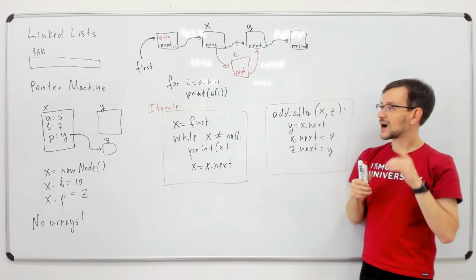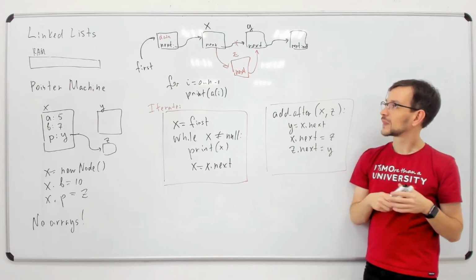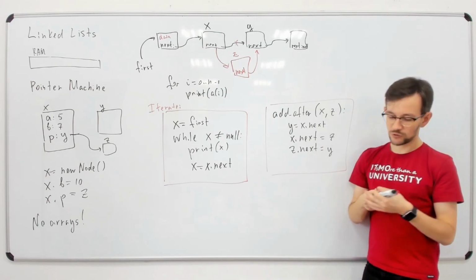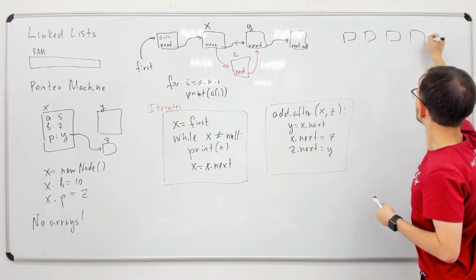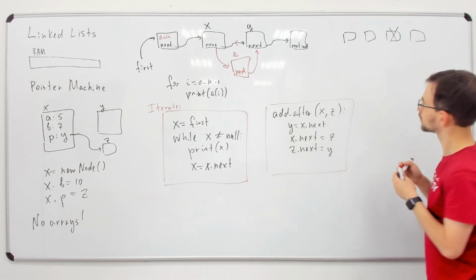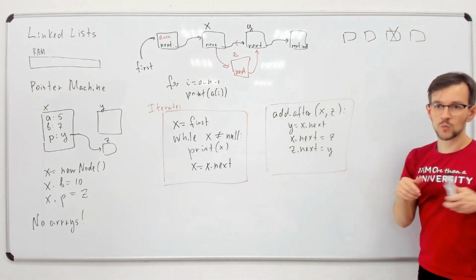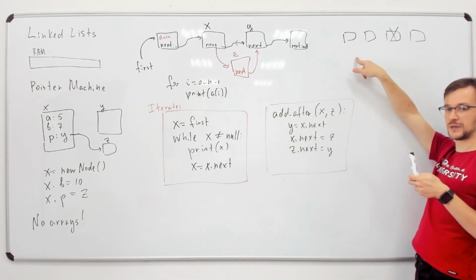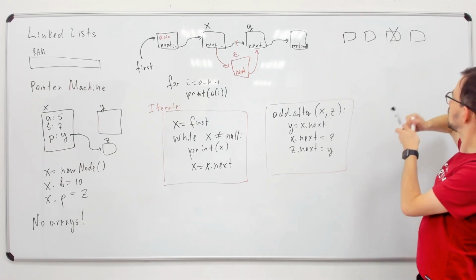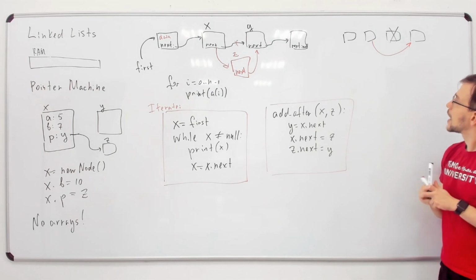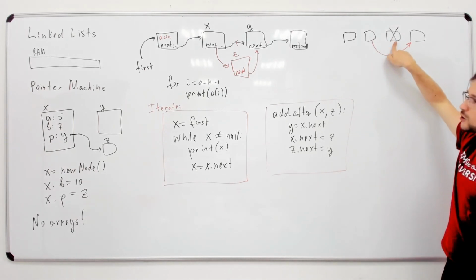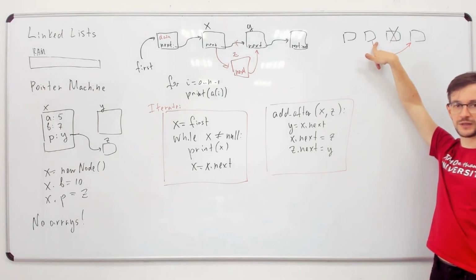Next, how to remove elements from the linked list. If you need to remove an element, let's try it here. You need to move the pointer from the previous element to the next element. So you need to move this pointer to here. And to do this, you need to know the previous element in the linked list.